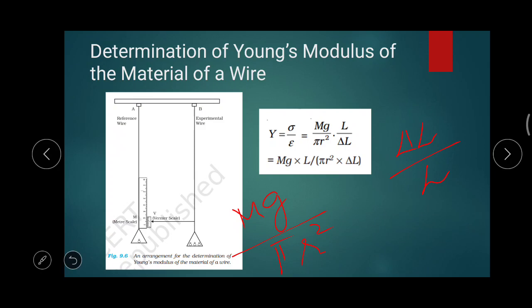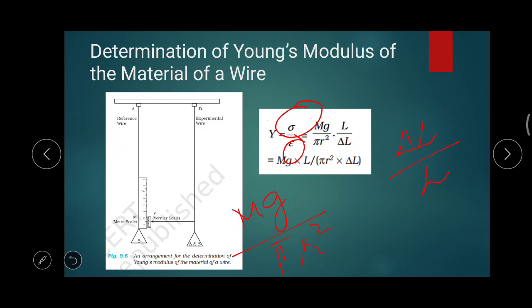Then you know that the Young's modulus will be the stress divided by the strain. The stress is represented by the letter sigma and the strain by epsilon. Sigma by epsilon is the force per area divided by the change in length by the original length.